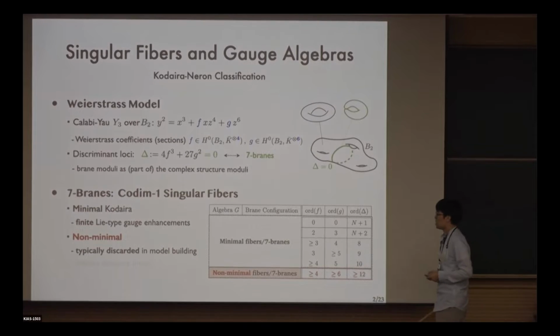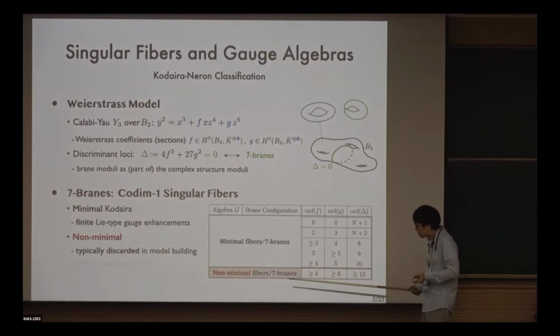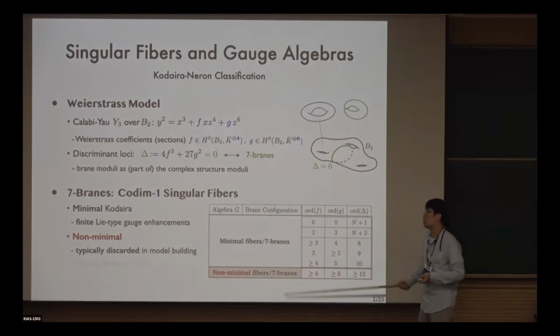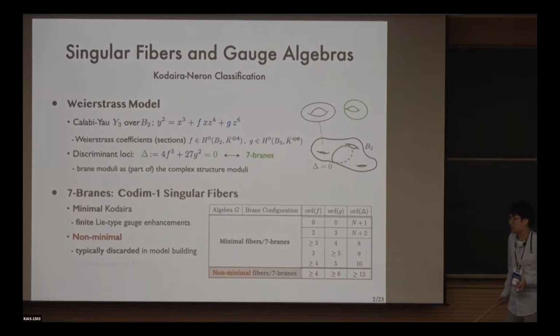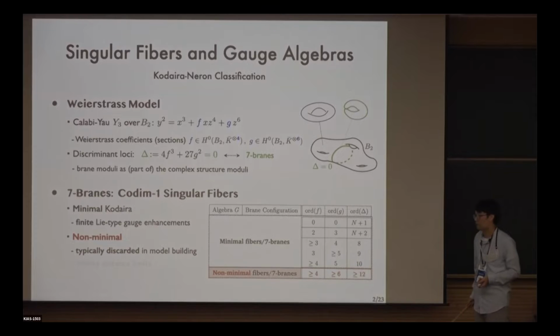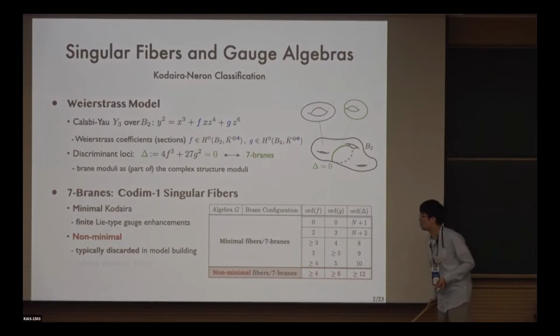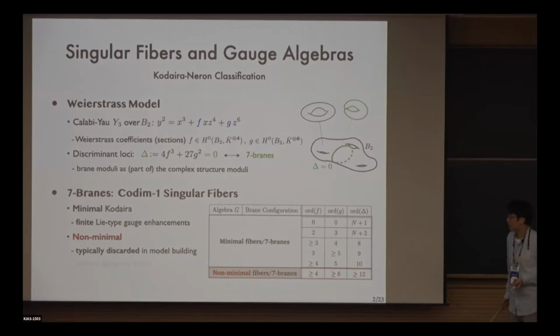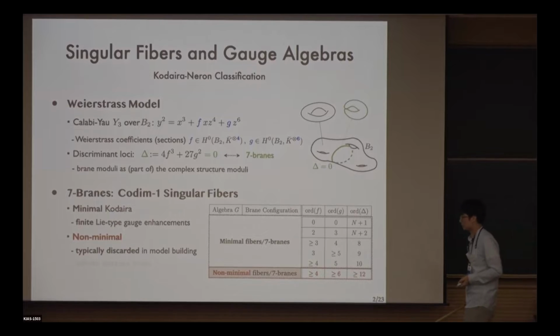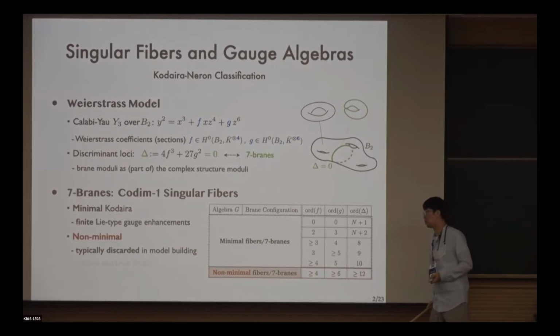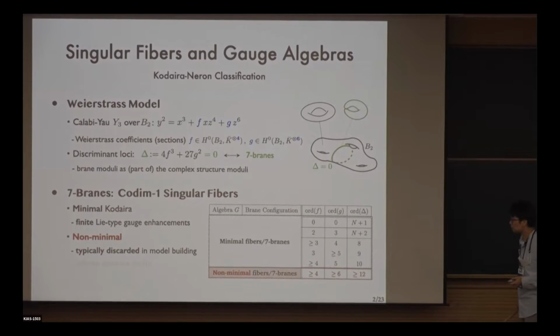Now, models with such non-minimal fibers are typically discarded in the literature just because mathematically such models lack a smooth Calabi-Yau resolution, rendering the physical interpretation rather obscure. However, F-theory models with such non-minimal 7-branes do exist, and they call for a proper analysis to figure out the physics of those non-minimal 7-branes.